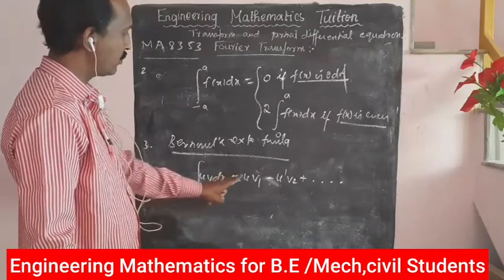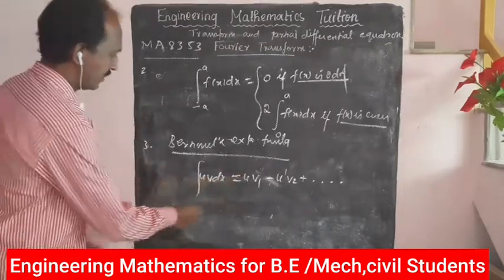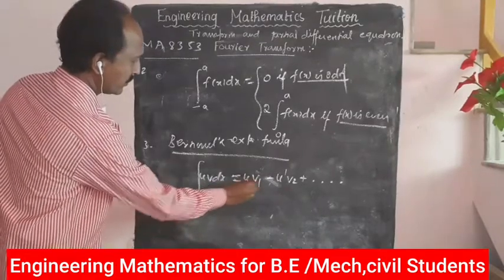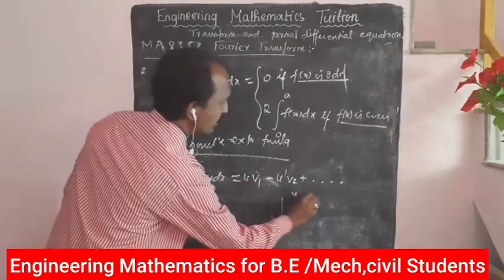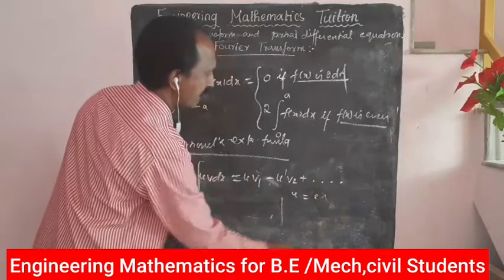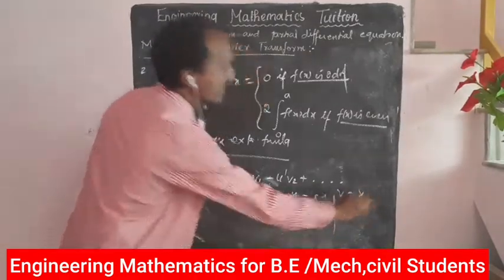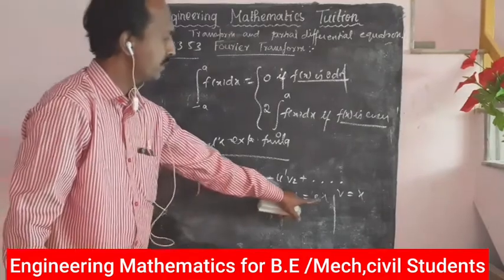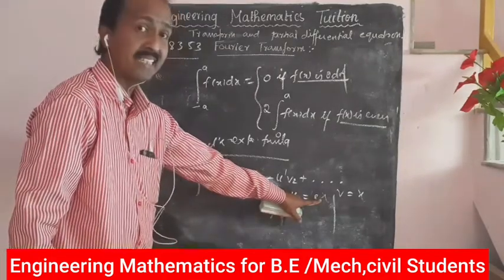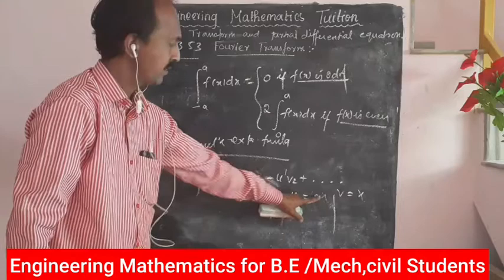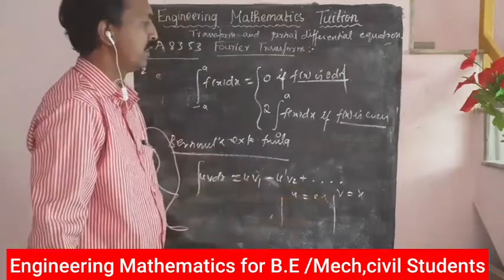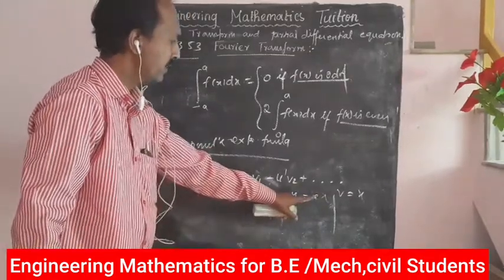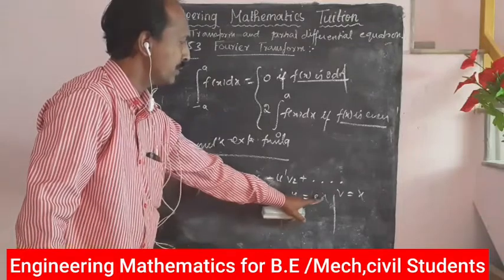Suppose we take u is equal to e power x and v is equal to x. This u equal to e power x has no finite derivative, so it is not finitely differentiable. So we don't take u equal to e power x.